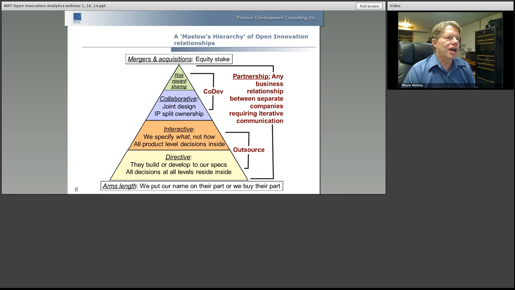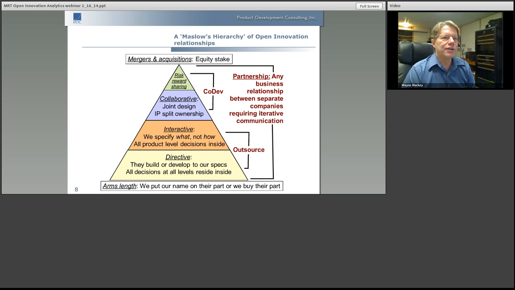And then finally, at the top of the Maslow's hierarchy is risk-reward sharing. This is where the two partners are actually both in it together. It's usually some kind of a joint product that both will succeed or fail on at the same time. Above and beyond partnerships, we have mergers and acquisitions and equity stakes.